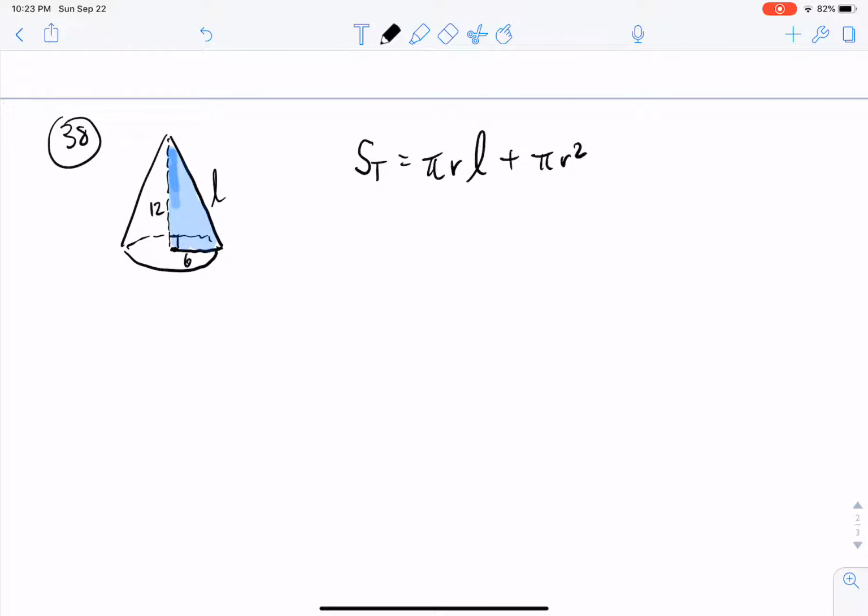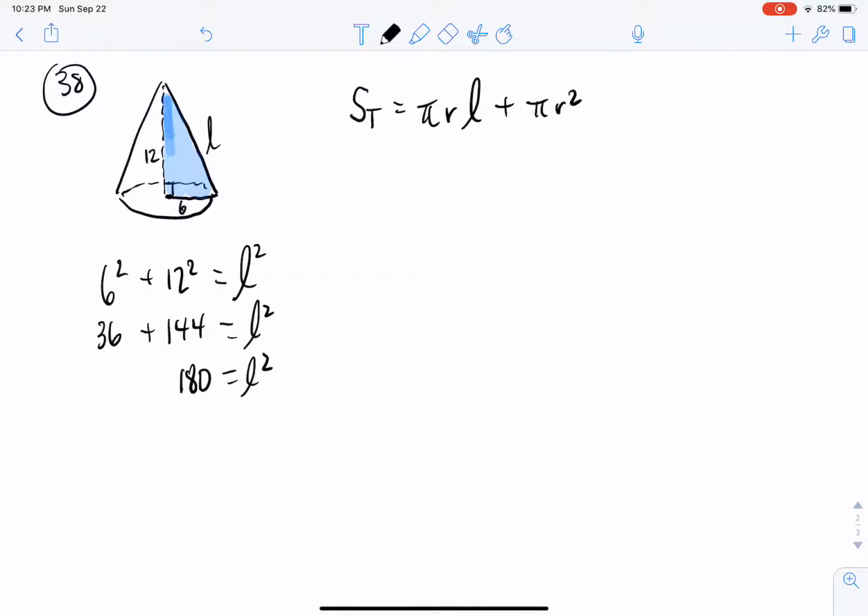So 6 squared plus 12 squared is equal to L squared. 6 squared is 36. 12 squared is 144. 144 plus 36, that'd be 170 plus 10, 180, equals slant height squared. And then final step, of course, is to take the square root.